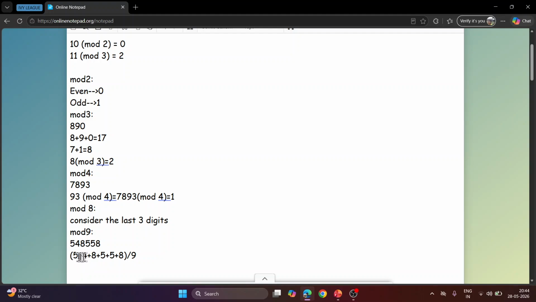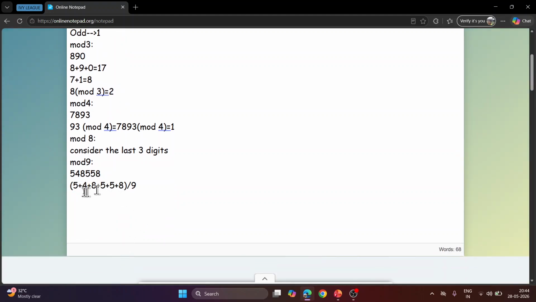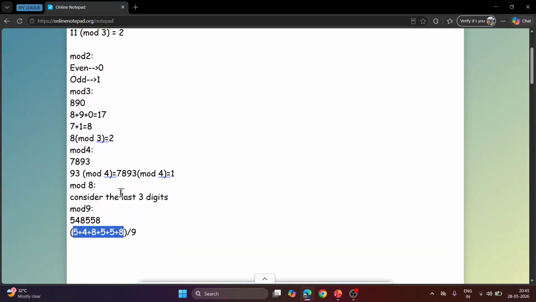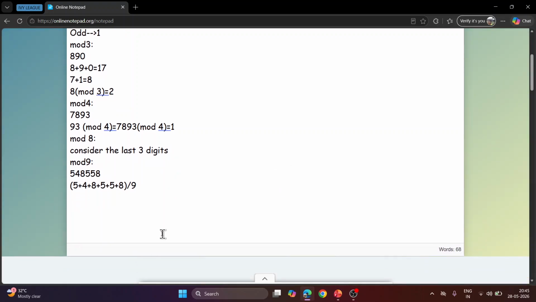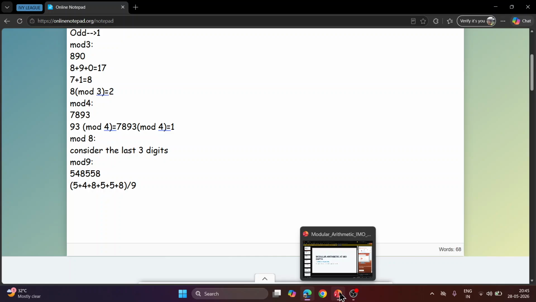Even if you feel this is bigger, for example, you get a 2 or 3 digit number, you can again repeat the same process until it gets to a single digit number. So that's it about the tricks for IMO.